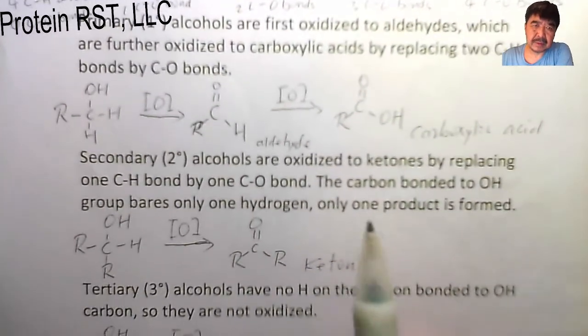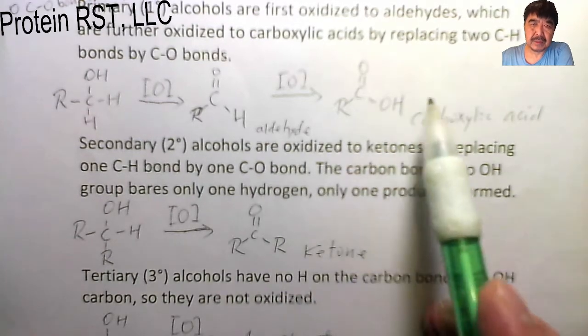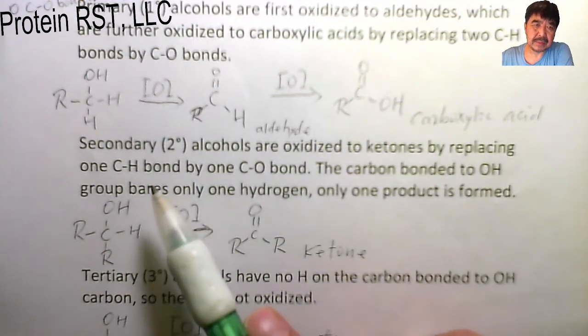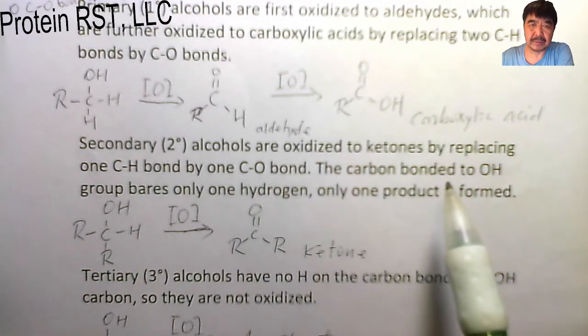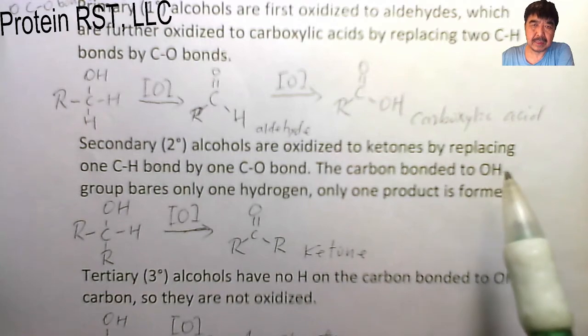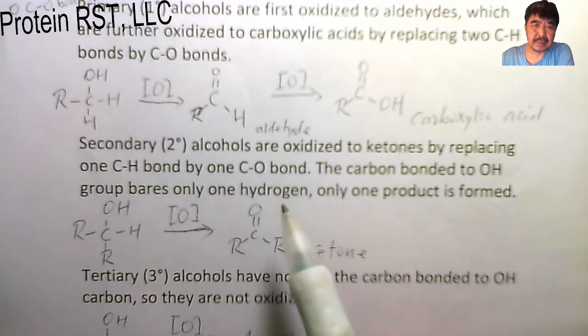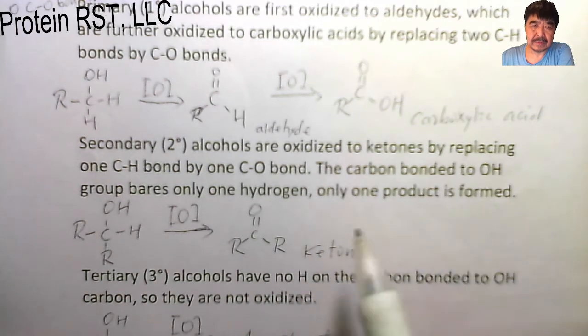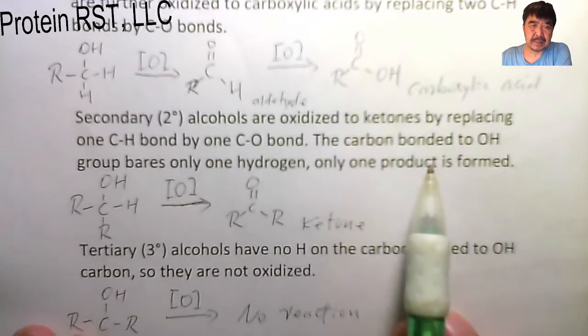Secondary alcohols are oxidized to ketones by replacing the C-H bond with 1 C-O bond. The carbon bonded to the hydroxyl group bears only 1 hydrogen. Only 1 product is formed. That's the ketone.